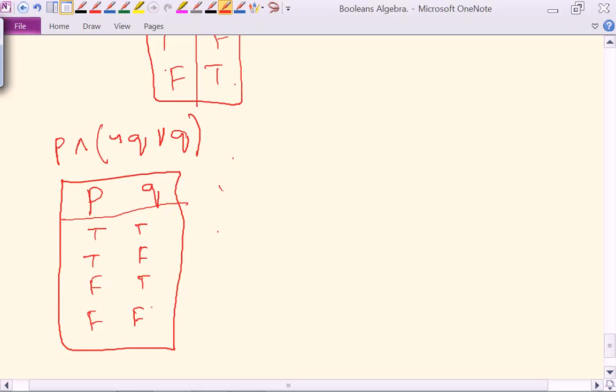After that I do the negation of Q, which becomes false true false true.